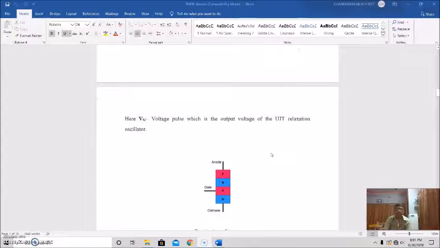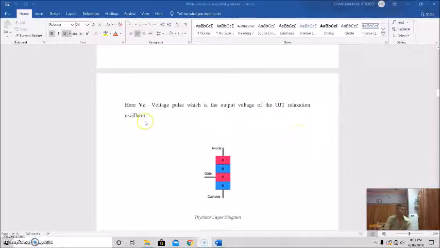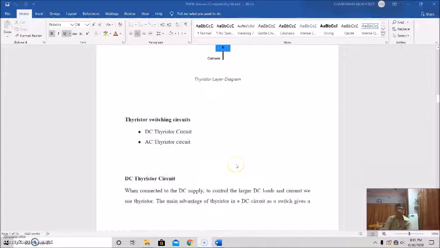Here VG, the voltage pulse, is the output voltage of the UJT relaxation oscillator, which is provided. Now we'll show two types of thyristor switching circuit: the DC thyristor circuit and the AC thyristor circuit.